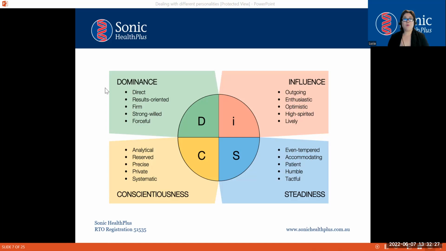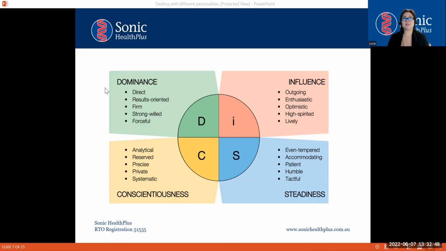So I want to define how it feels, because when you speak to people and you're starting to decide what personality type they are, the feeling is something that you could easily get rather than what is being said. So I mentioned what is being said by these different personality types.